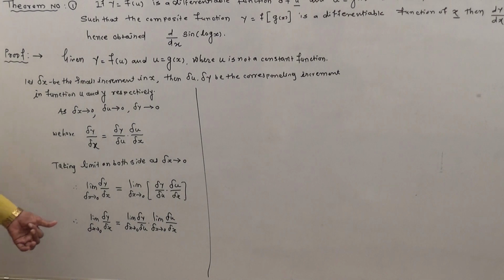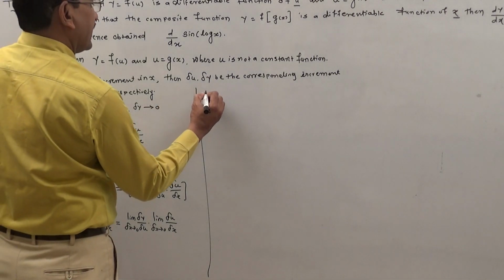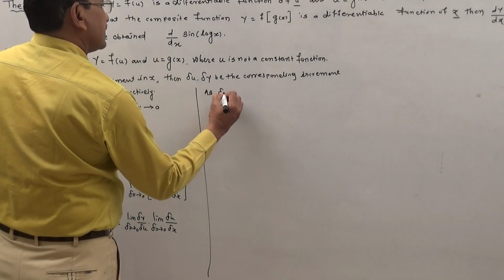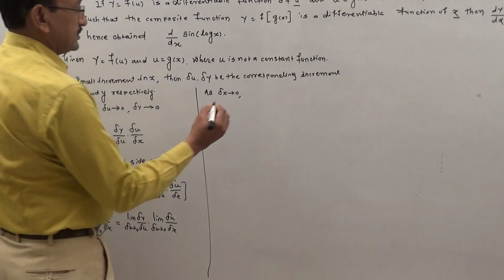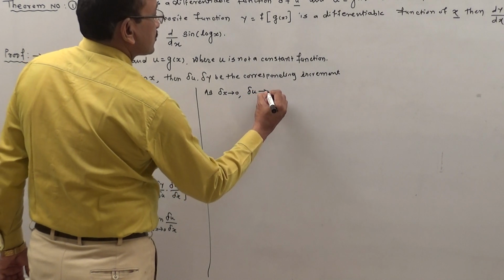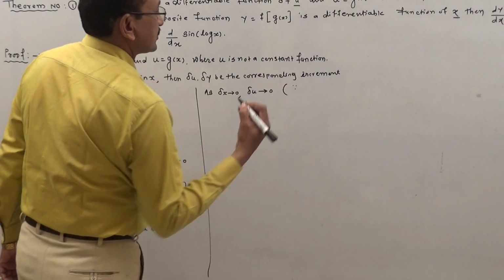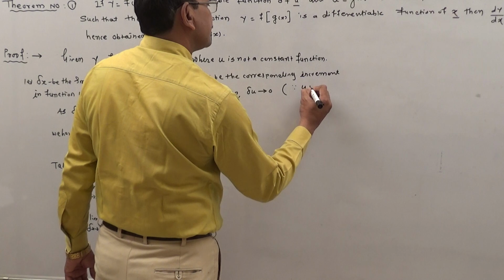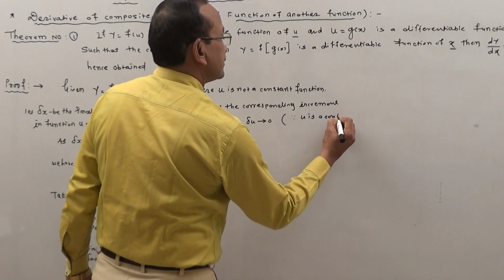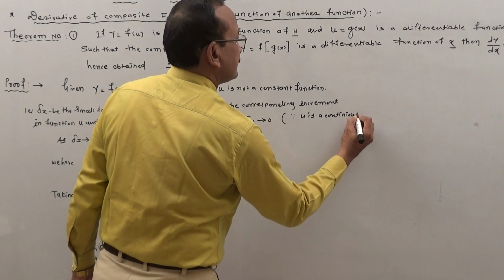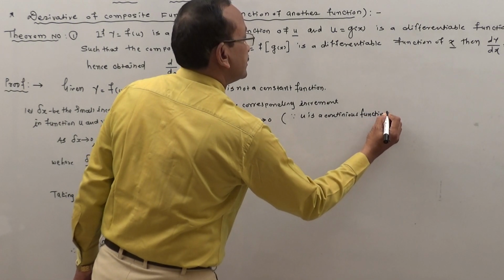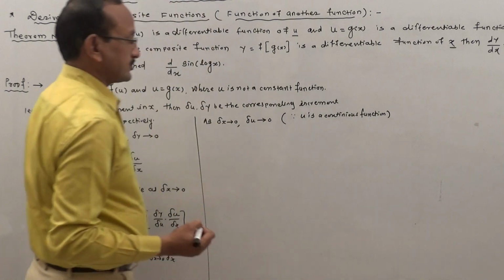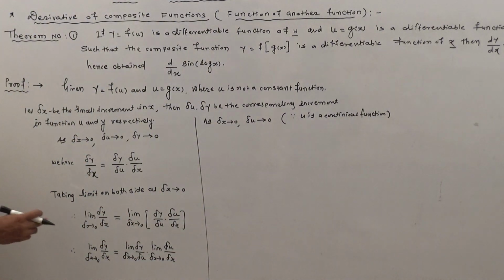Now here, as delta x tends to 0, delta u also tends to 0 because u is a continuous function.